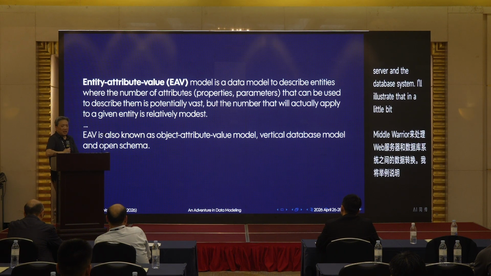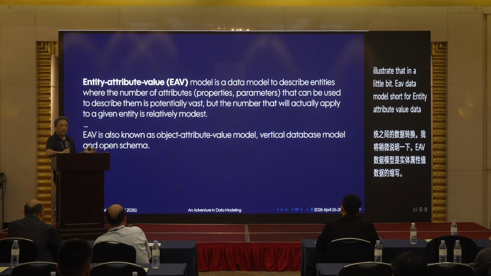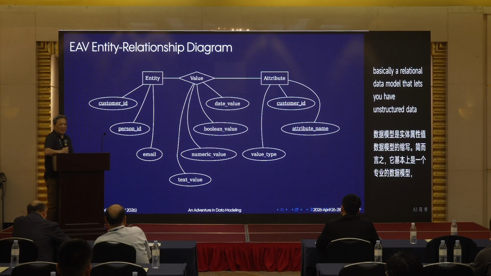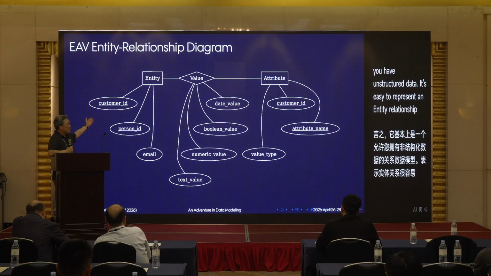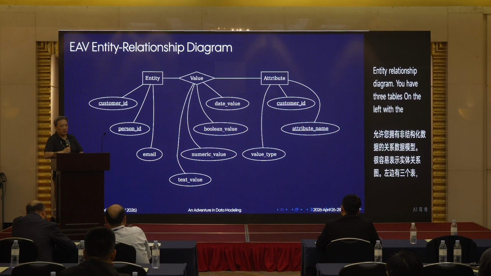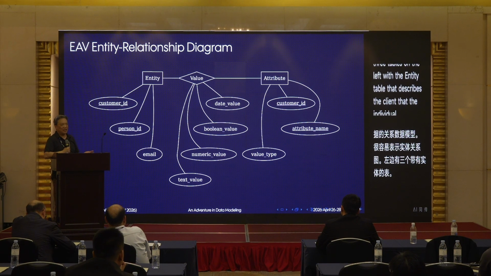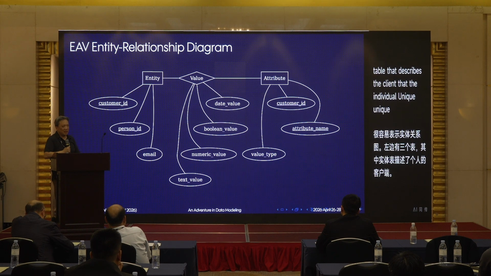So the EAV data model, short for Entity Attribute Value data model, in short, is basically a relational data model that lets you have unstructured data. It's easy to represent in an entity relationship diagram. You have 3 tables. On the left is the entity table that describes the client, the individual, a unique identifier with their email address.